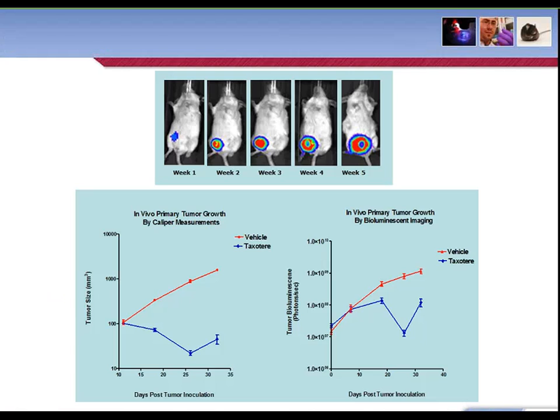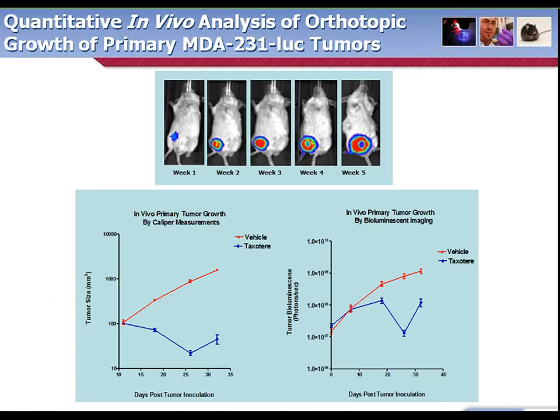Now I want to show you a breast cancer model and show you what happens when we use a reference compound with this model. This is the MDA-231 transfected with luciferase. I should mention that we're using Taxotere, which is docetaxel, as our reference compound.